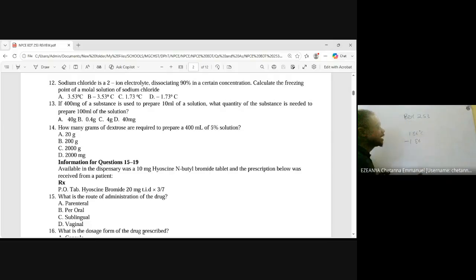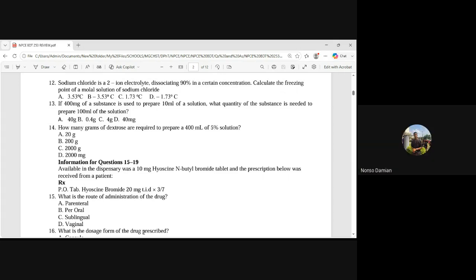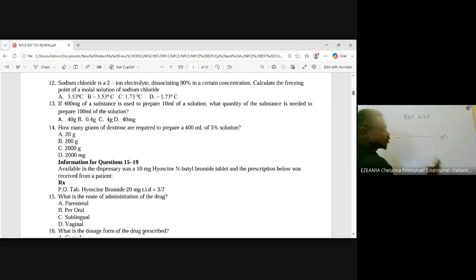Please note the difference between depressing the freezing point by an amount, and what the freezing point is. The freezing point of water, the ordinary solvent, is 0 degrees Celsius, and you add a molar solution of sodium chloride, it depresses it by 1.86.